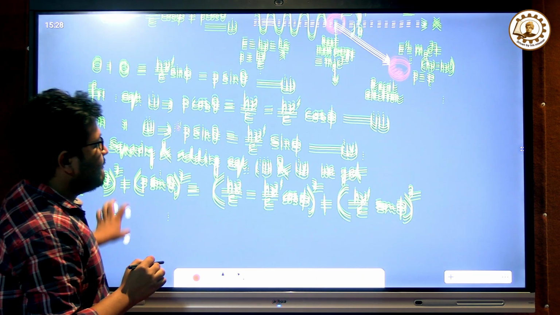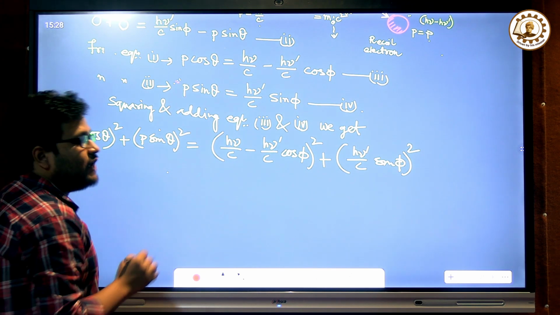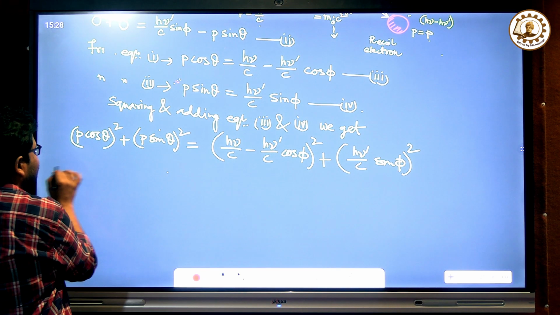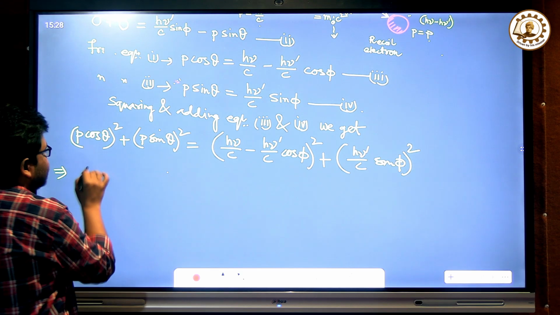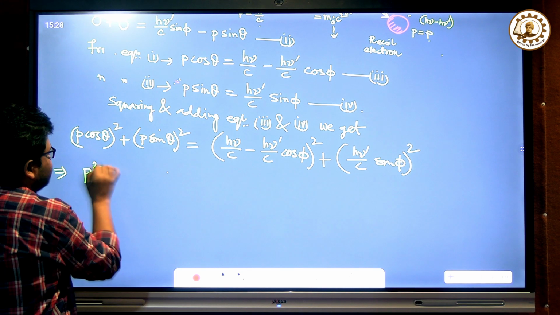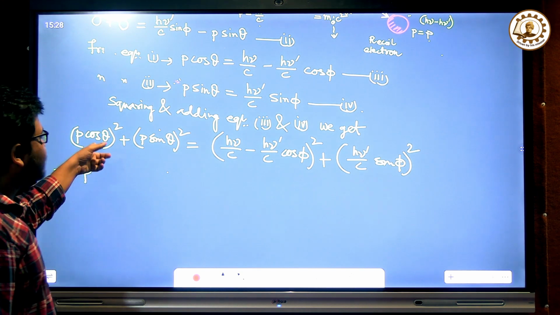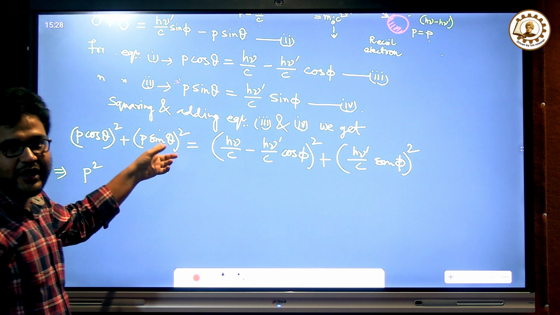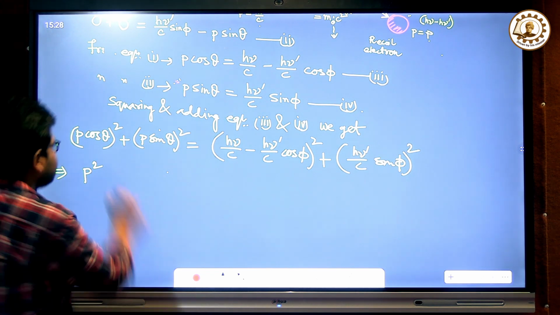Okay, now if we simplify these two terms, we get p square, because we know that cos square theta plus sin square theta equals 1.